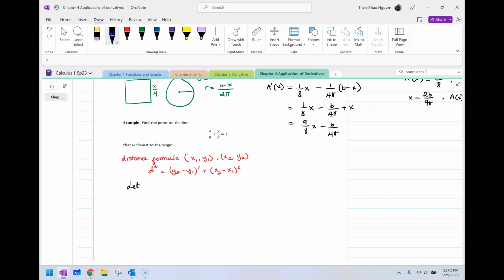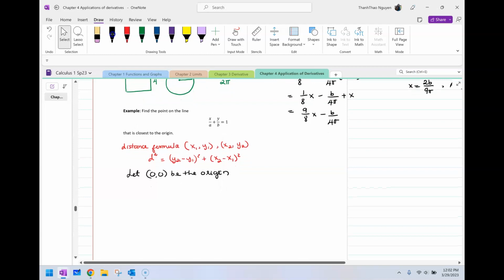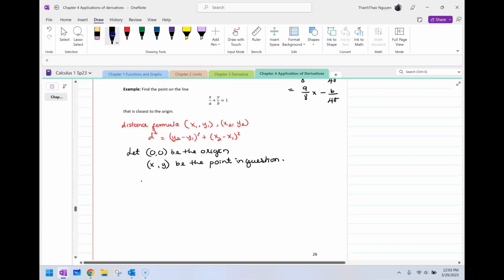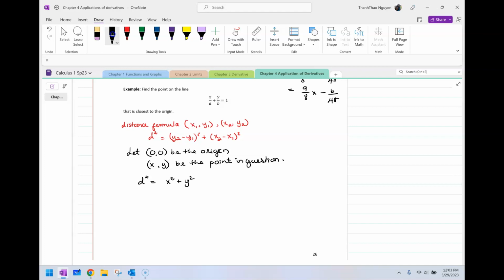Let 0, 0 be the origin, and x, y be the point in question. Then the distance squared is just x squared plus y squared.